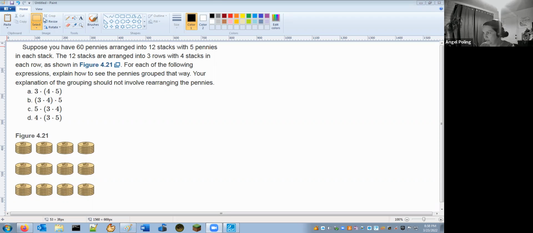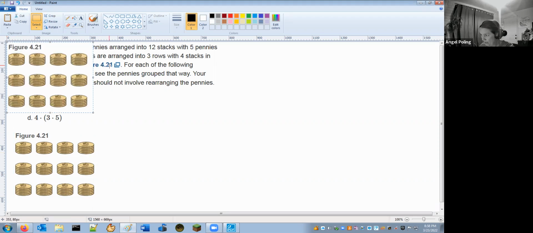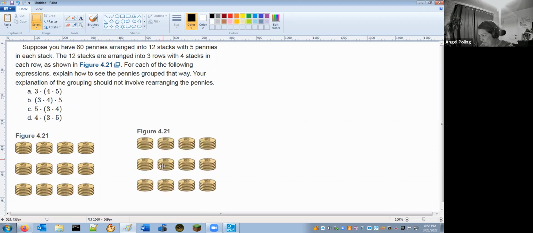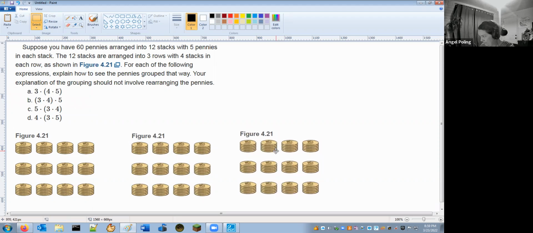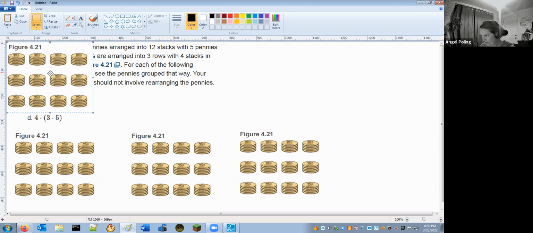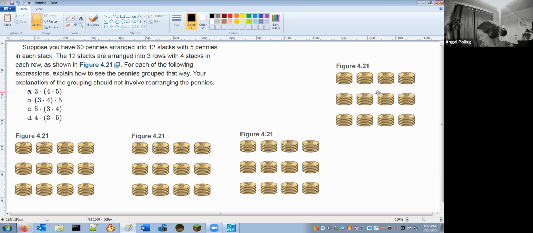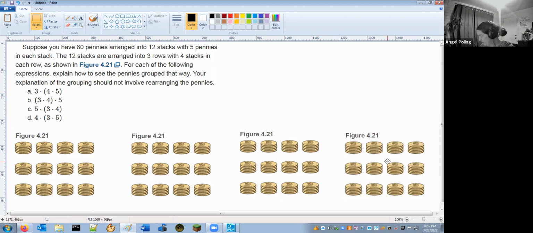Okay, so that means each one of those expressions will be about the same stack. So we'll just draw this stack 4 times and look at the different ways to talk about them.